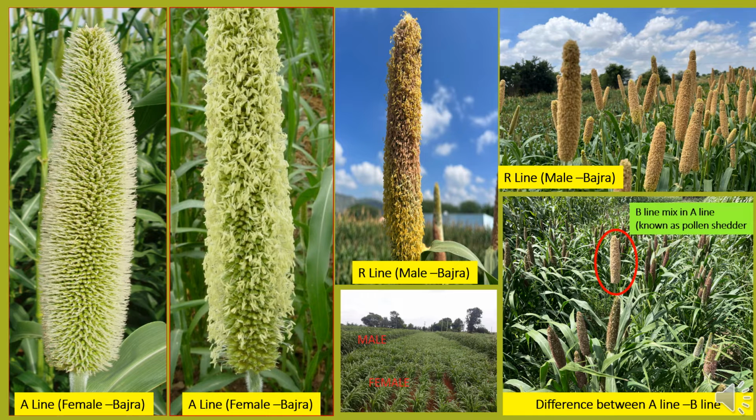In fields, the B line found in the A line is known as a pollen shedder, and we can see the difference between them. The B line has anther boxes supplying pollen, while the A line has the stigma, and there will be no functional pollen grains or anther boxes in the A line.